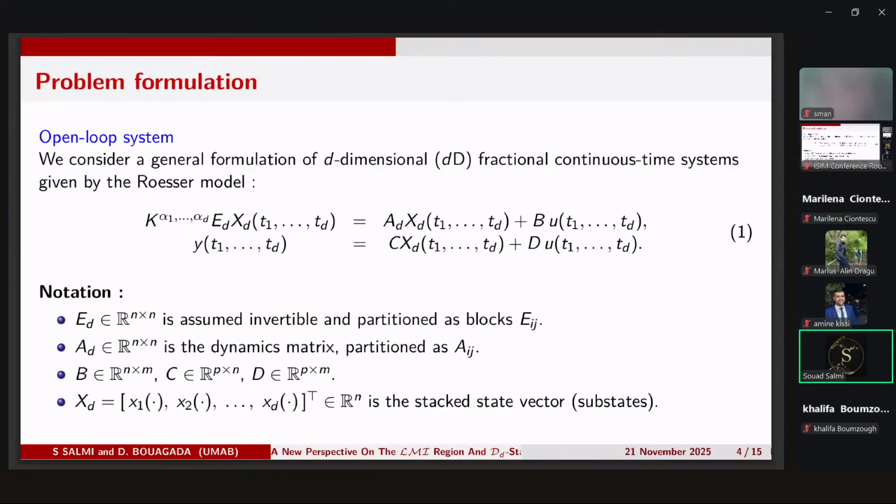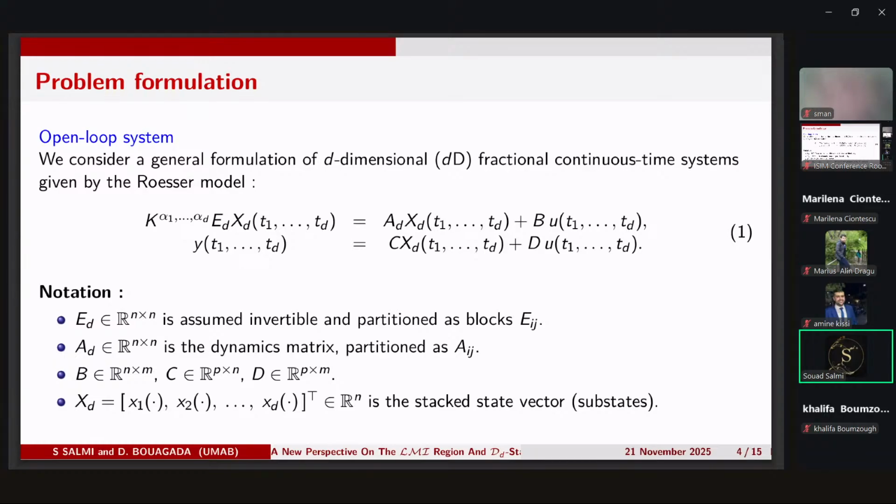Now that we have identified the research problem, let me formalize it mathematically. Our problem formulation consists of two key parts: the open loop system and the closed loop system.